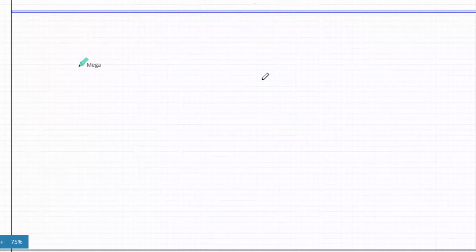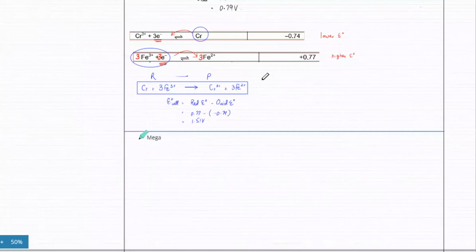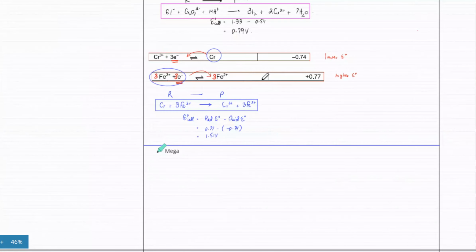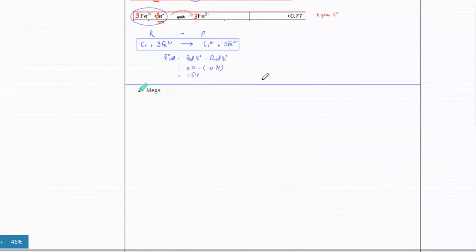For example, this is how you're going to predict a redox equation, and I'm going to write down the steps as well. They'll just give you two random substances. They won't tell you which electrodes it is, because then things are easy. If you know what the electrodes are, it's kind of easy: the higher one gains electrons and the lower one loses electrons.